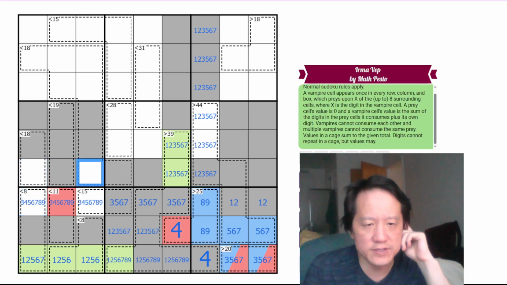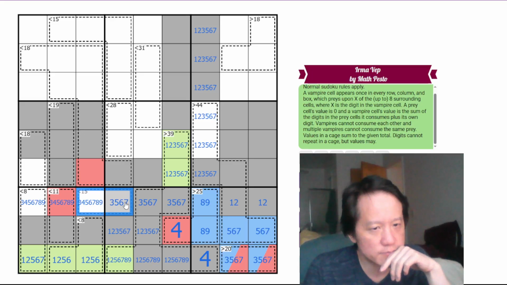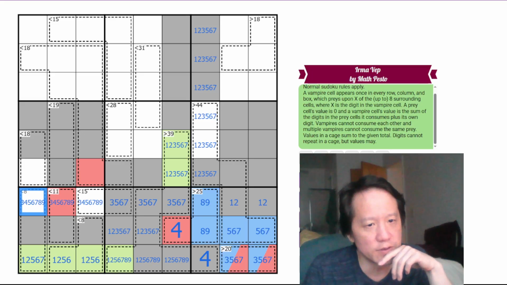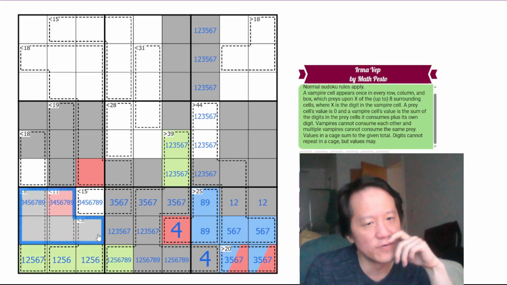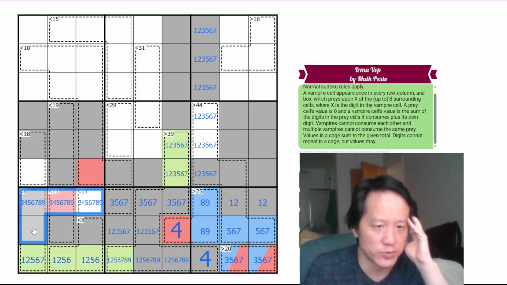So what if this was the other vampire? It could suck from both of these. But again, this would not be preyed upon. So the sum of these digits are essentially the sum of these digits because none of them are removed.